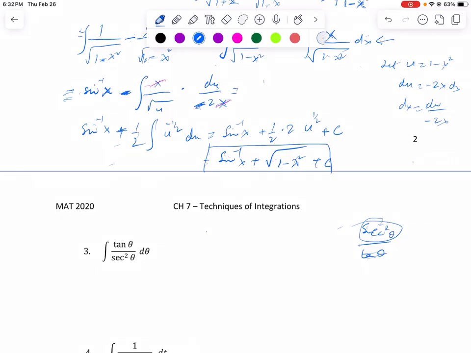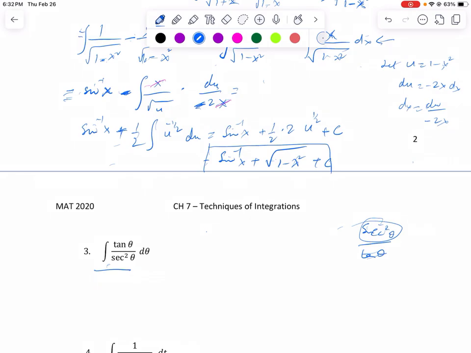So the derivative is being multiplied by the function, and we have a u substitution problem. But in our case, secant squared theta is at the bottom and tangent theta is on the top. So we cannot use the tricks that we learned in section 7.2.